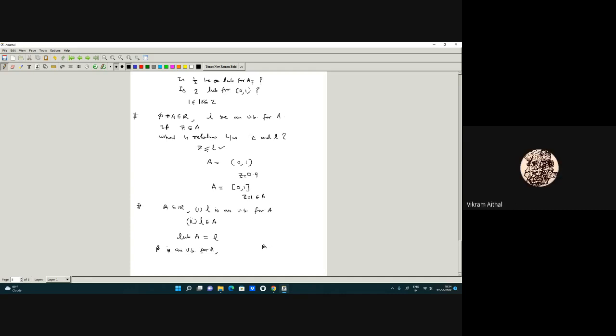If you answer like that, Jay sir will feel bad. What is the quantifier here? For all. So beta is an upper bound means for all x in A, x is less than or equal to beta. Right? Yes, sir. And what do you want to show? You want to show that L is less than or equal to beta.